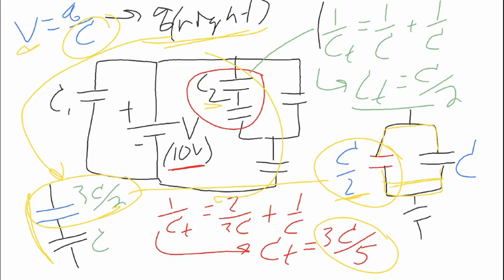I don't necessarily know the charge on these two parallel capacitors, but I can use the charge on the right side and this capacitance along with this equation again to get the voltage over that capacitor. Once I have the voltage over this capacitor, that's going to be the same as the voltage through each of these. These are connected in parallel, which means they're going to have the same voltages.